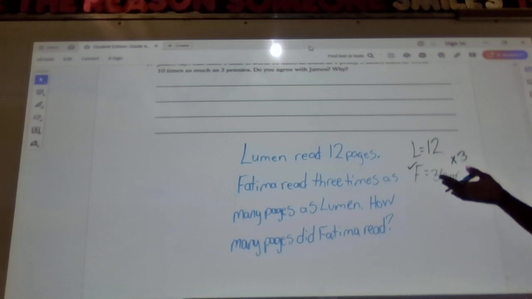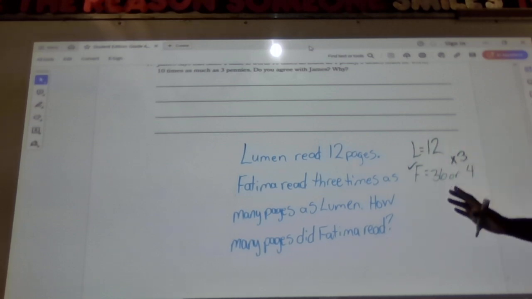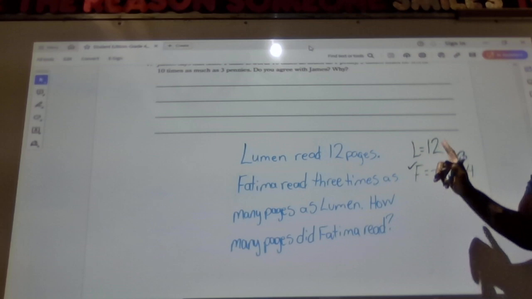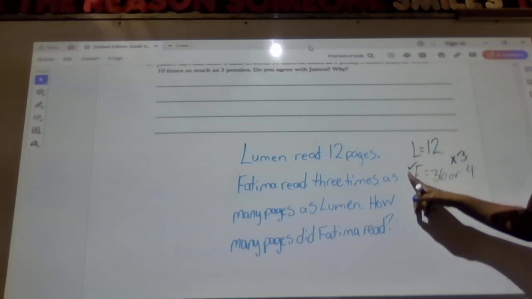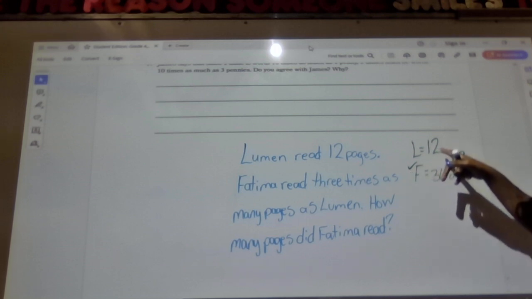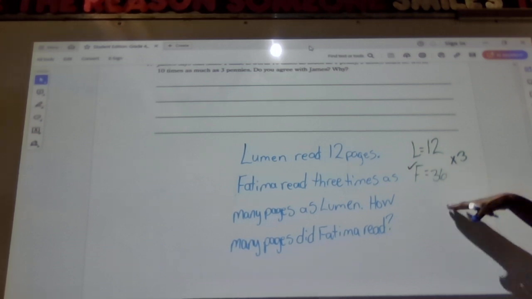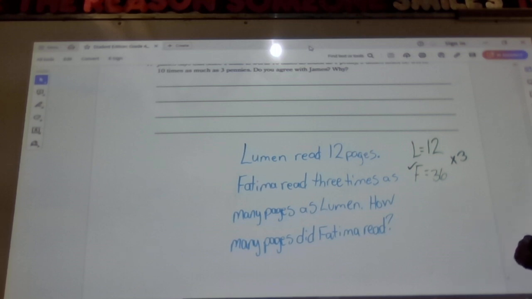Or if we divide, we're going to say what times 3 gives us 12, and that will be 4. So which one follows the rule? Now this shows why that check is so important. This lets us know Fatima's answer has to be bigger than Lumen's. So are we going to divide here and get 4? No. That's why it's so important, boys and girls, to make sure that you check on who has the biggest number. That's half the battle. And so we know Fatima has read 36 pages.